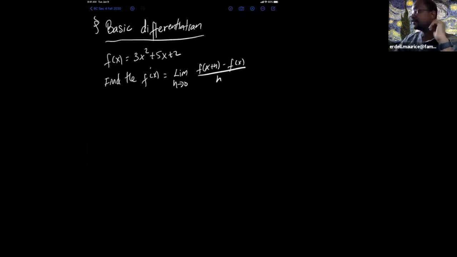When we say differentiation, to get to the answer, f prime of x, instead of doing all of this right here, we use a shortcut instead.